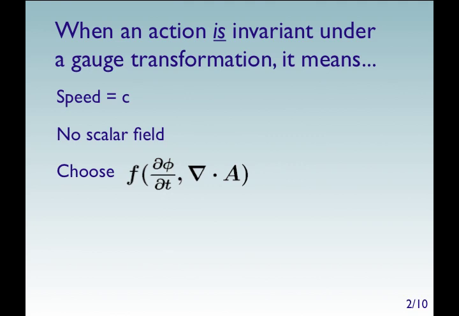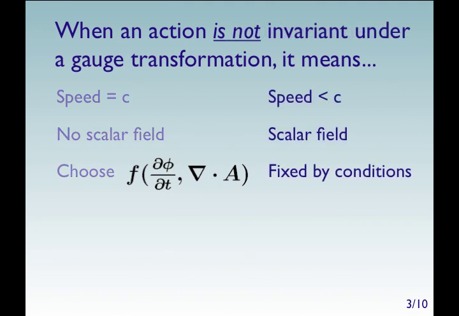And one chooses one of these gauges in order to make solving a problem a little simpler. But what is key is that you're utterly free to make your choice, and it won't have any consequences to the physics, just to the math that you go through.